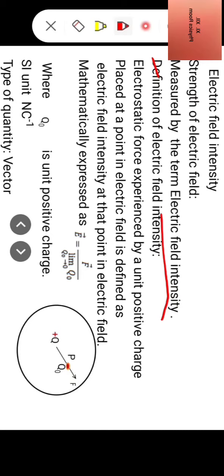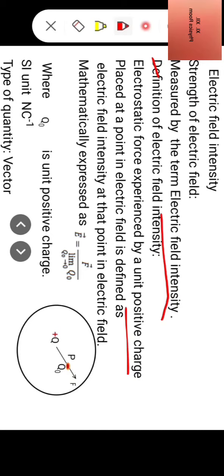Electrostatic force experienced by a unit positive charge placed at a point in an electric field is defined as electric field intensity at that point in the electric field. I repeat, the electrostatic force experienced by a unit positive charge placed at a point in electric field is defined as electric field intensity at that point.